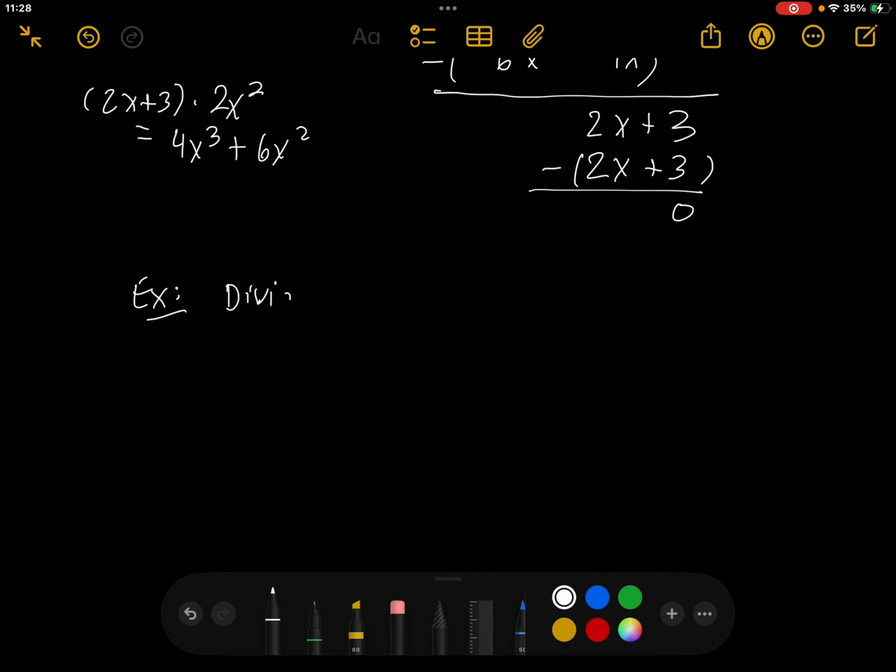So divide 10x squared plus x to the 4th minus 5x cubed minus 10 minus 4x by x squared minus 2x.